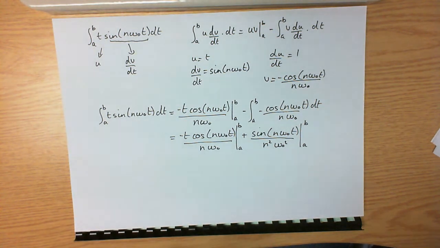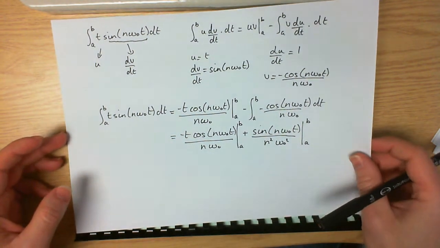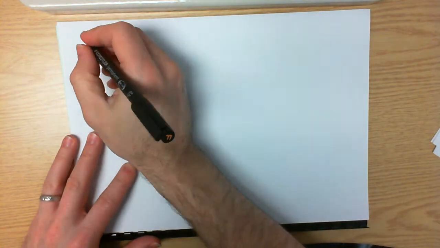We need this to work out what bn is. Because bn was 3 integrals, I'm going to split it up into 3 parts. First of all, I'm going to work out what I'm going to call bn1.